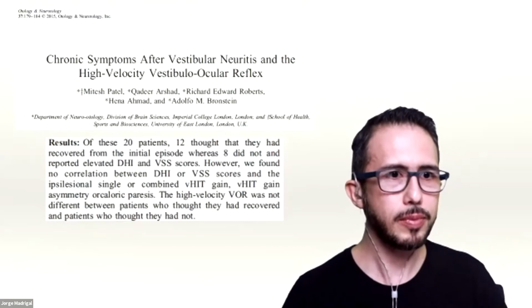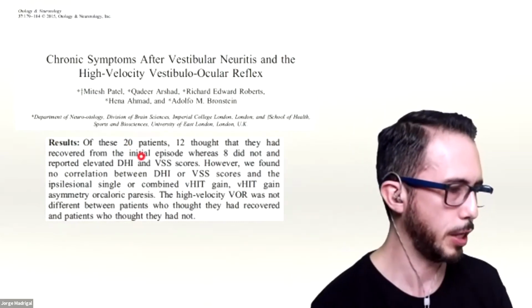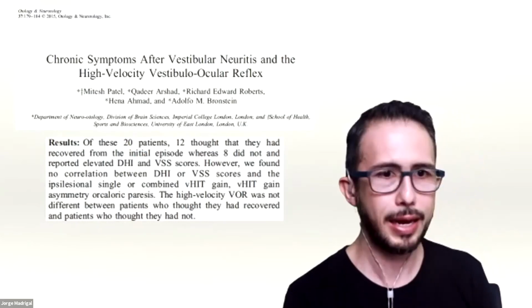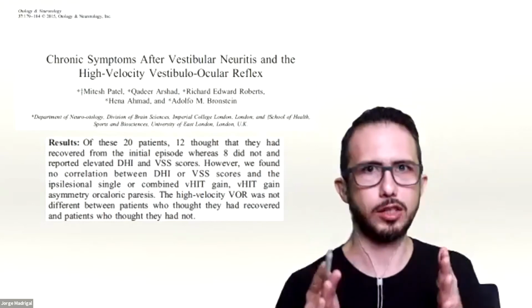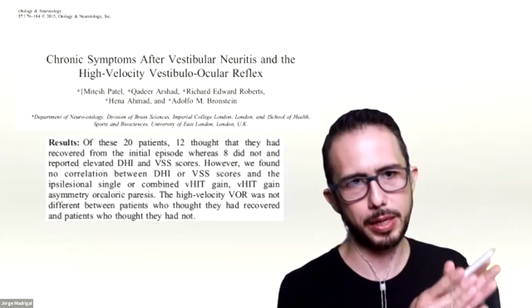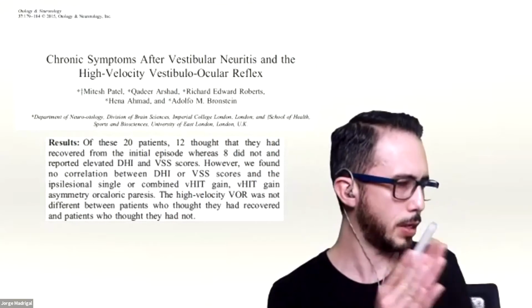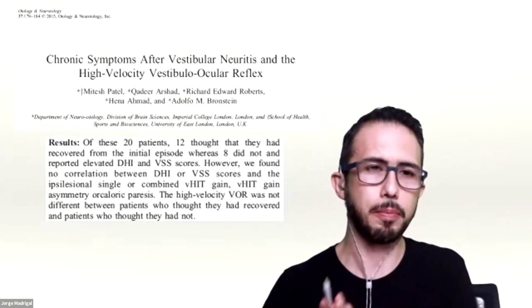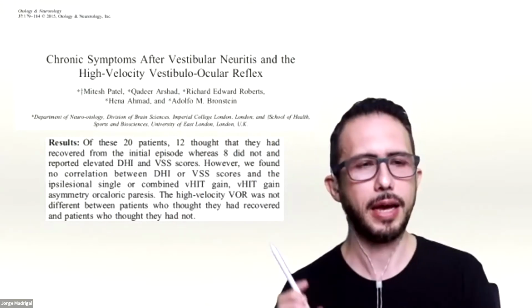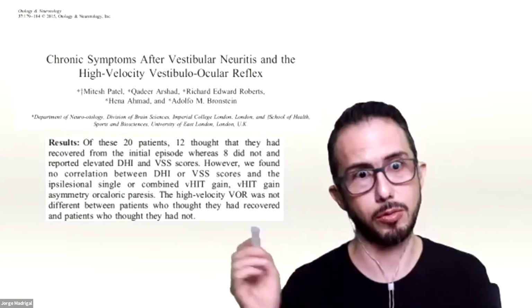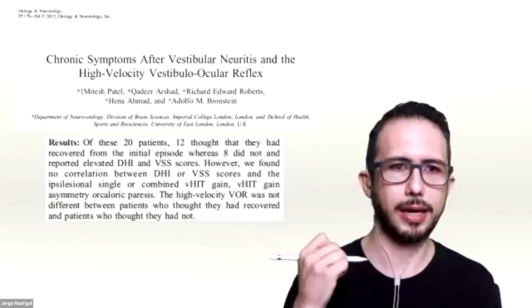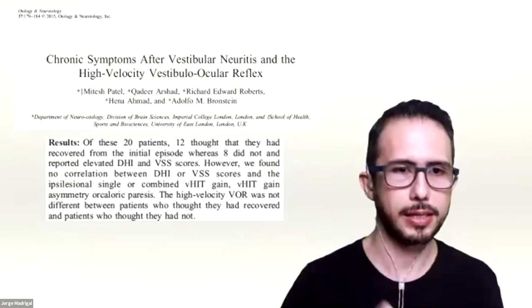For example, they took 20 patients with vestibular neuritis, and they measured the subjective scales, the dizziness handicap inventory and the vertigo symptoms scale, in comparison with how well or how not well the calorics and the V-hit gain increases.